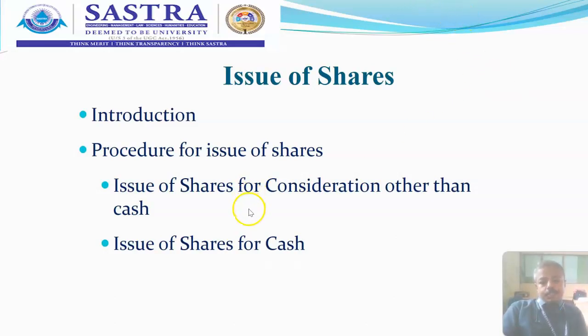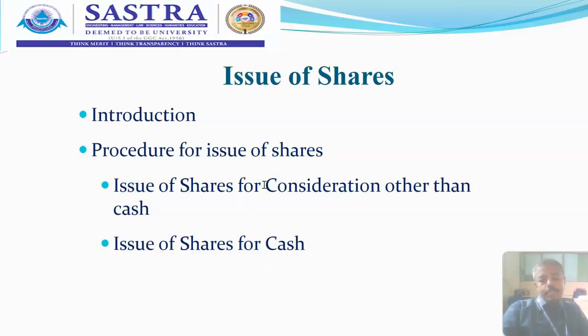Receipt of shares. At the time of receipt of shares, what are the entries to be passed? The main entry is on receipt of application money. The company may receive the share money in one installment along with the application.